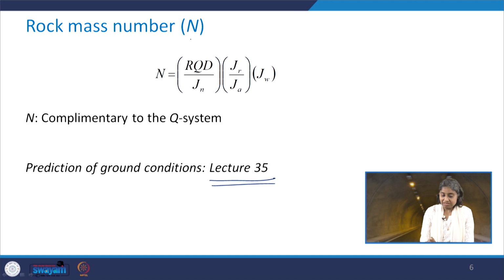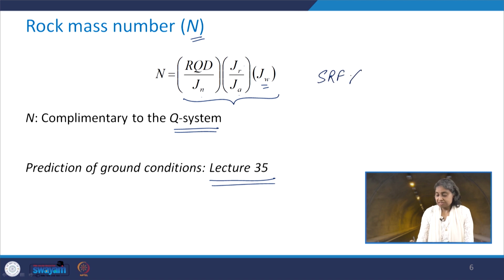This rock mass number N is complementary to the Q system, and is defined by this expression where N is equal to RQD by Jn into Jr by Ja into Jw. Here the factor SRF is not there as it was in the Q system. Basically, this SRF value is assigned as 1.